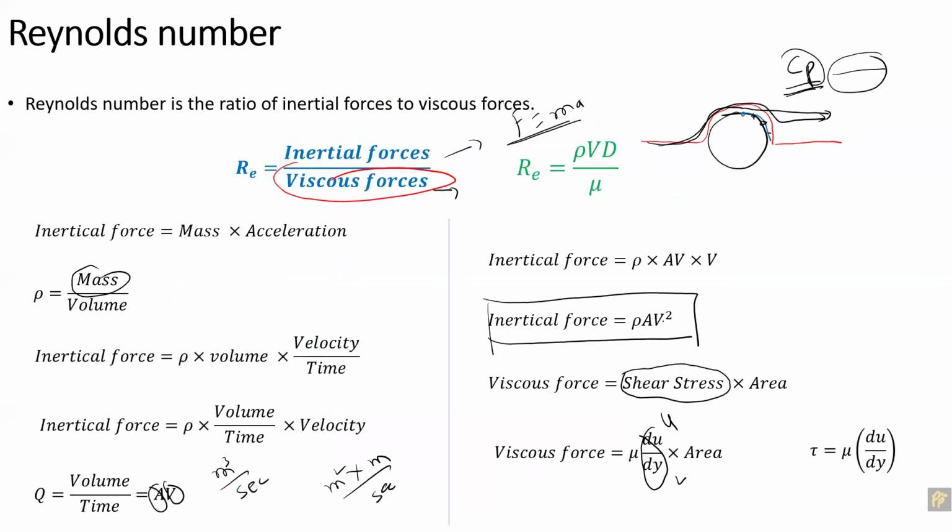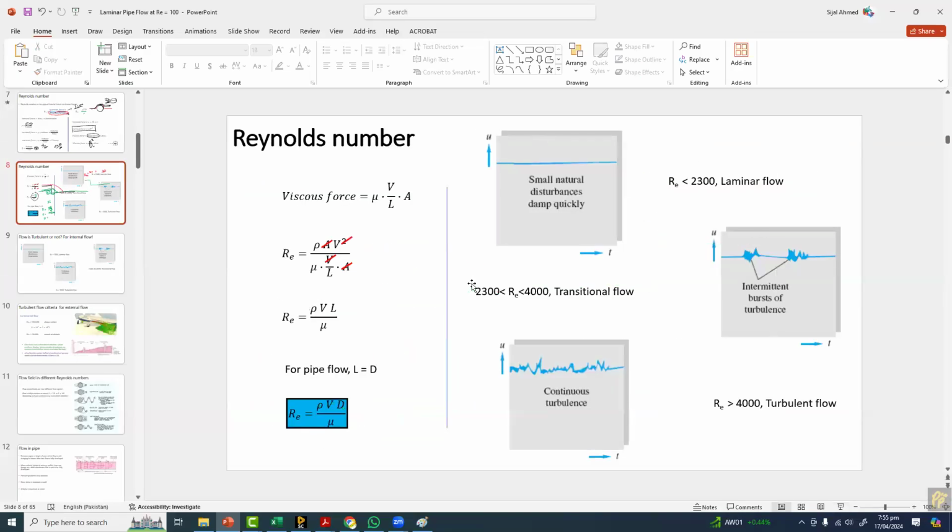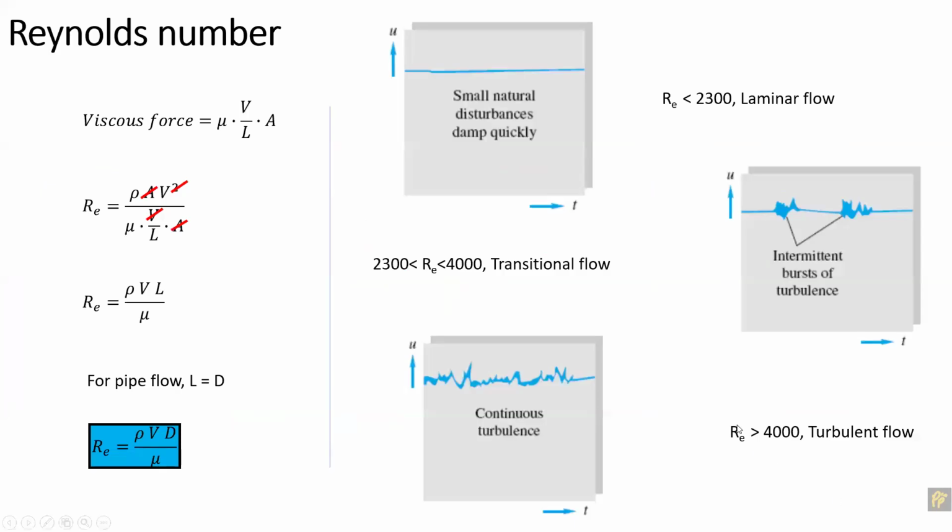What are the units of the Reynolds number? What is the value or importance of the Reynolds number? Can you please repeat? Yes, I wanted to know the units for the Reynolds number.